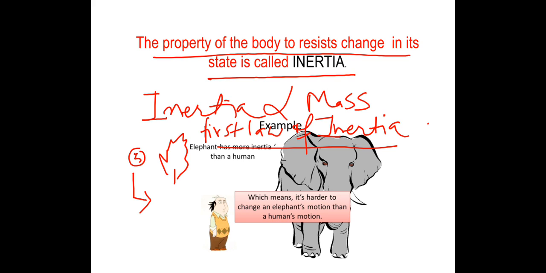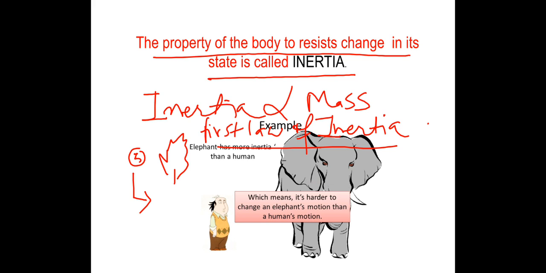Now here, this elephant and human, which one has more inertia? Obviously elephant. Human has less inertia because it has less mass as compared to the elephant.